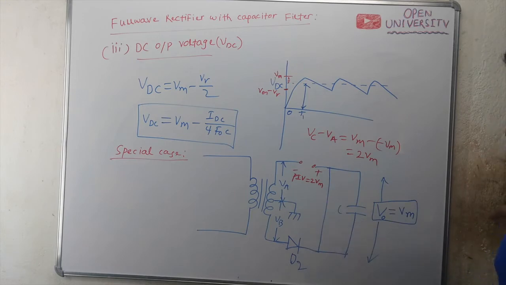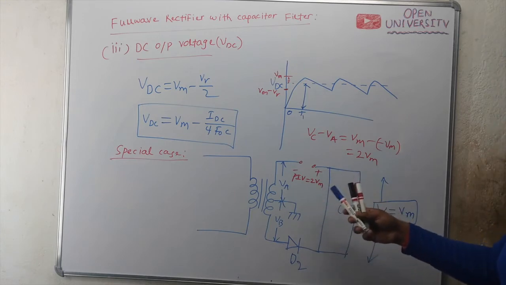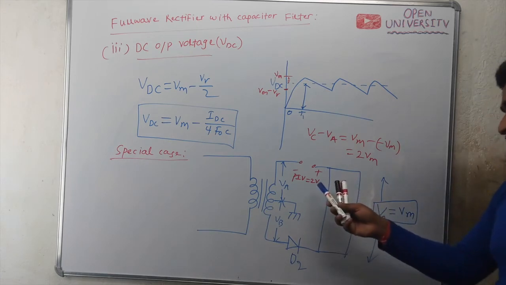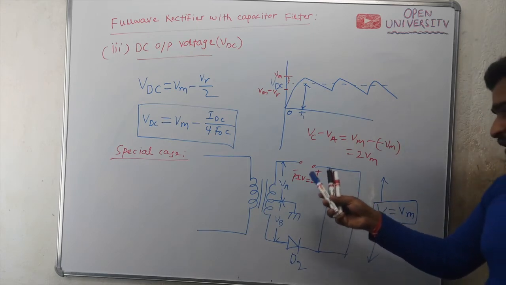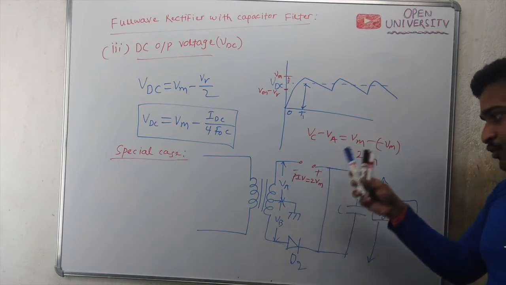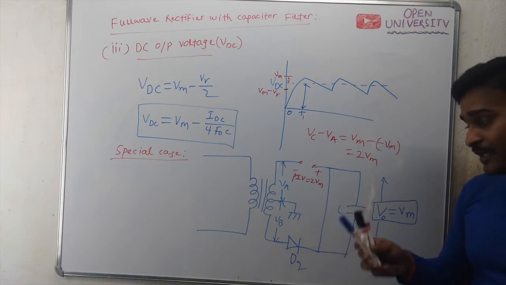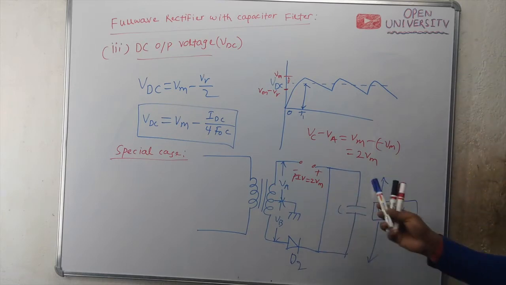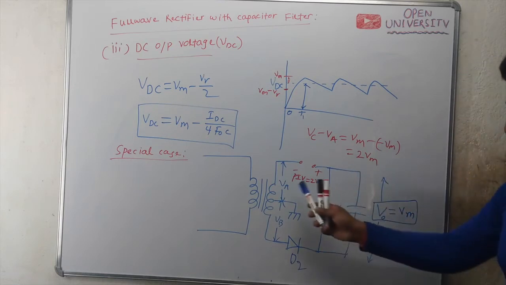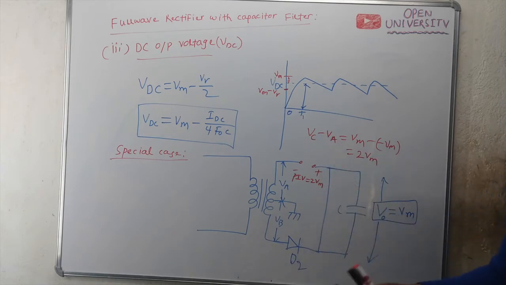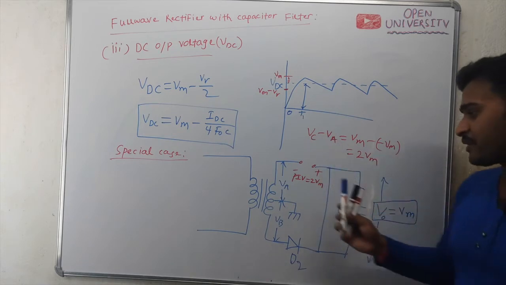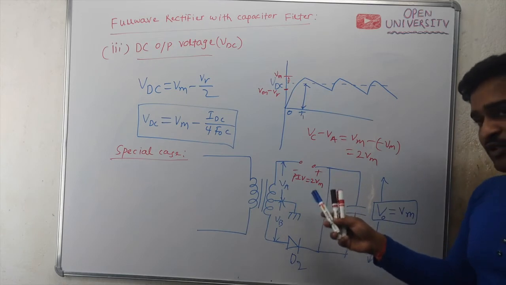So that means you don't need... I had given a note that when the half wave rectifier is connected with a capacitor filter, then the diode should have greater current rating and greater voltage rating, because the peak inverse voltage was becoming 2 Vm.